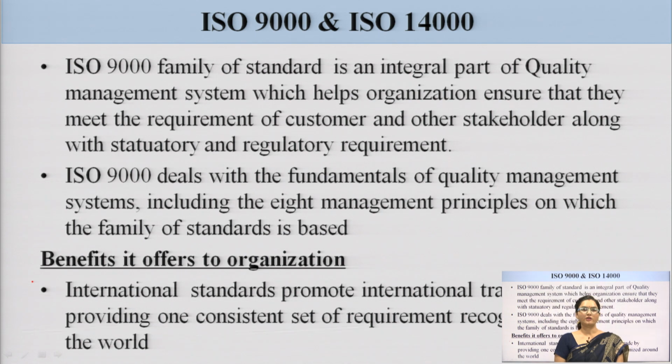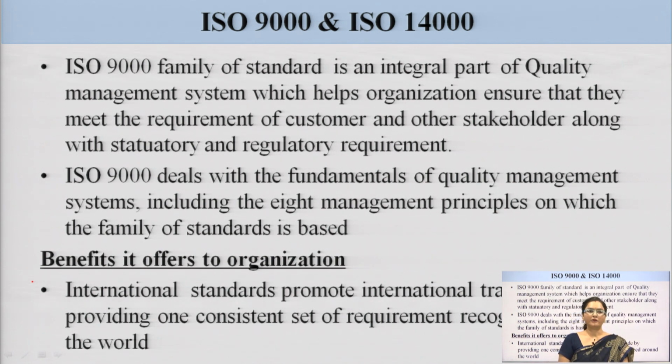The ISO 9000 family of standards is an integral part of a quality management system which helps organizations to ensure that they meet the requirements of customers and other stakeholders, along with statutory and regulatory requirements.